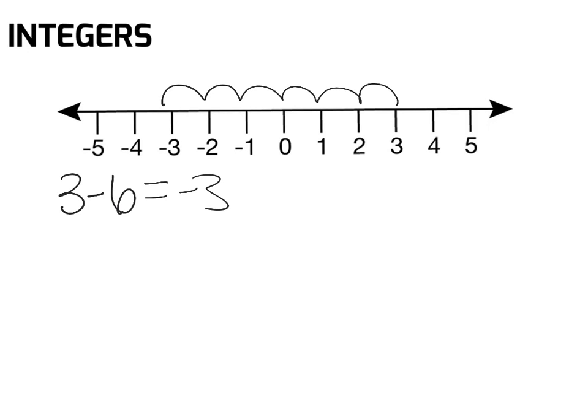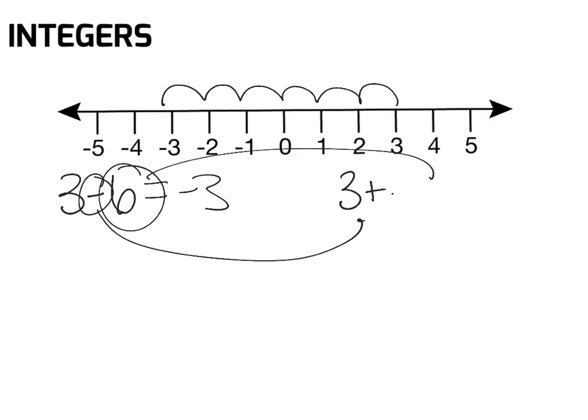Or I could rewrite it as an addition problem. So I'm going to write 3. I'm going to take this negative sign and switch it to a positive sign. Then I'm going to take my positive 6 and do the opposite number, or its additive inverse, and do 3 plus -6. And this is the bigger of the absolute values.